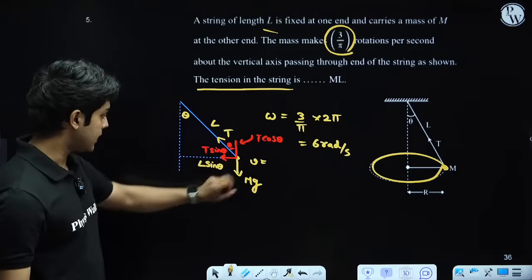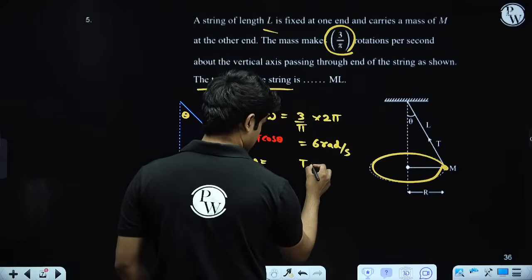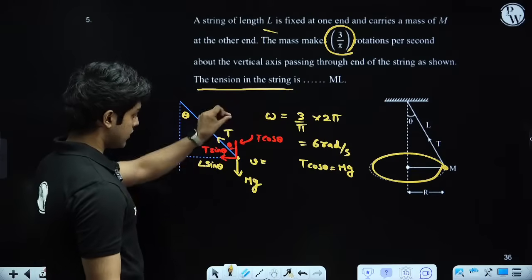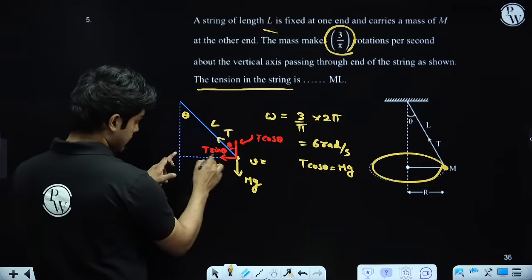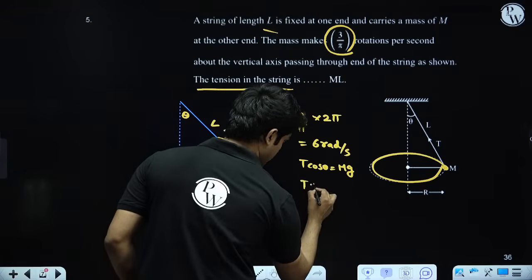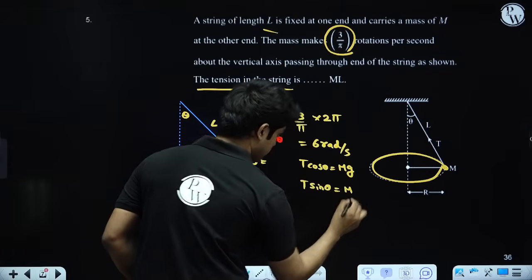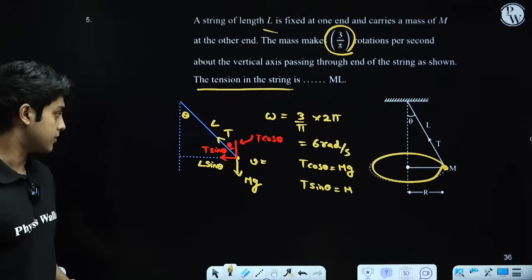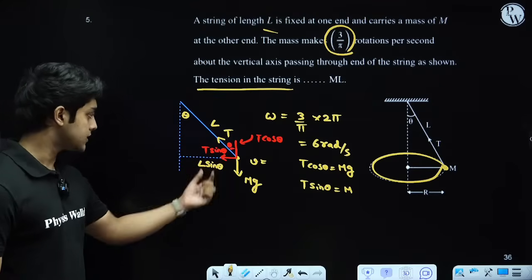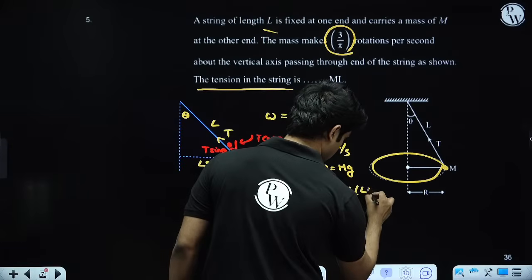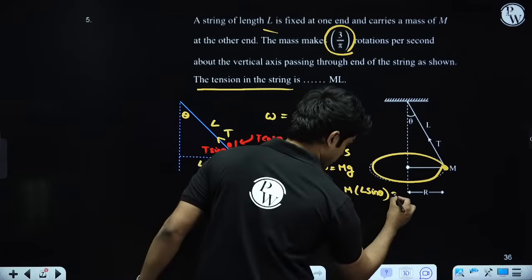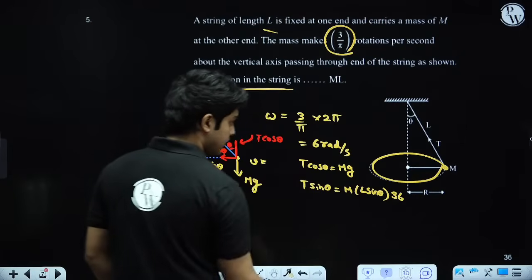Now T cos theta balances out mg, because the ball is in vertical equilibrium, and this T sin theta provides the centripetal acceleration, right? So T sin theta will be mass times the centripetal acceleration, which is v square by r, or we can also write it as r omega square. So the radius of the circular motion is L sin theta. So L sin theta times omega square. Omega was 6, so this would be 36. So now we can just divide these two.